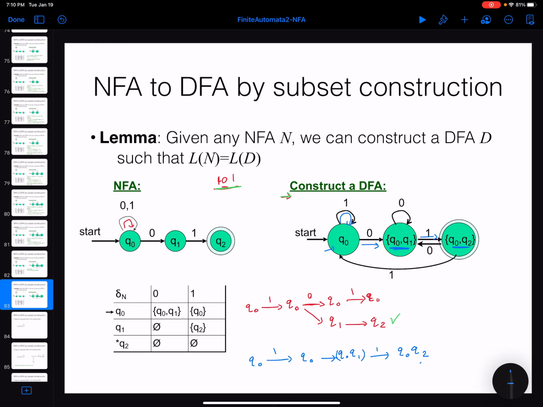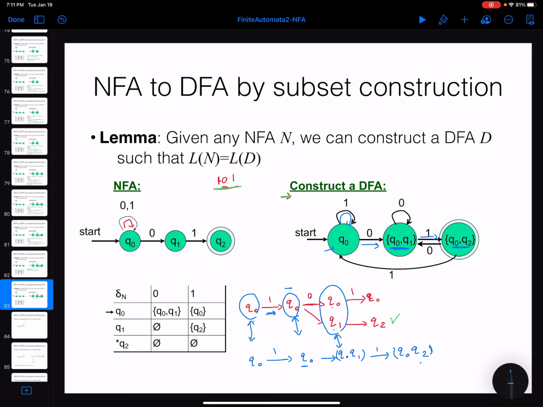What are these situations telling you? You will see that all of these steps are exactly representing the same thing, right? By seeing the 1, you started from Q0. By seeing a 1, you go to Q0. By seeing a 0 in the NFA, you can be in Q0 or Q1.